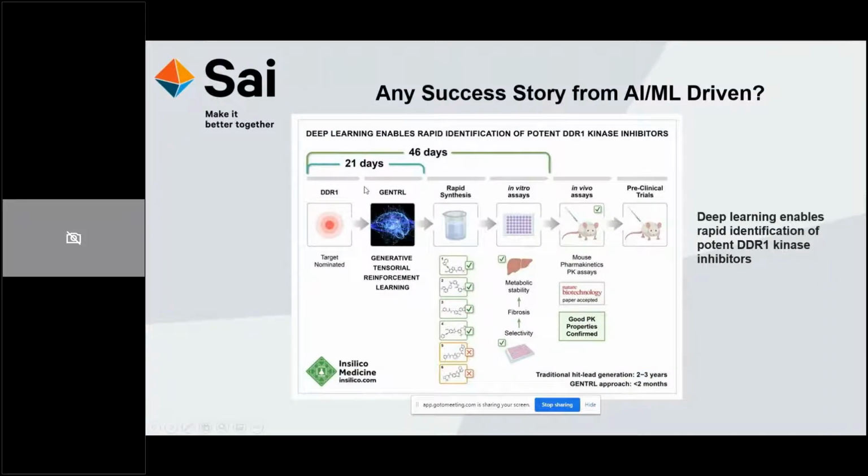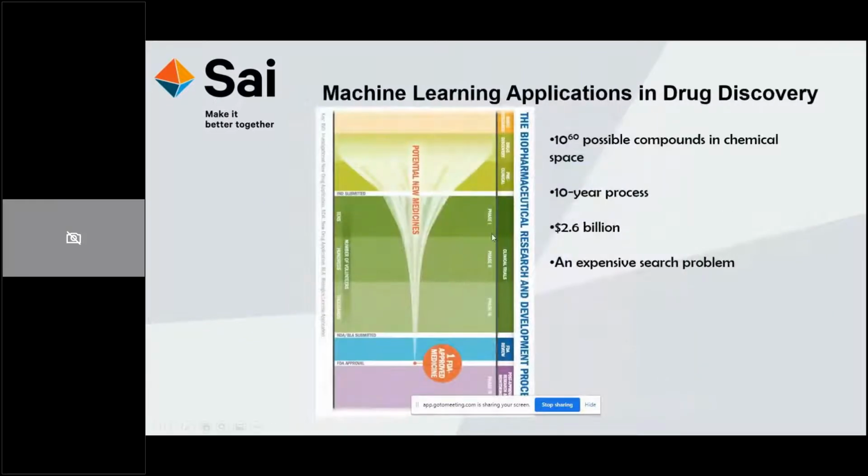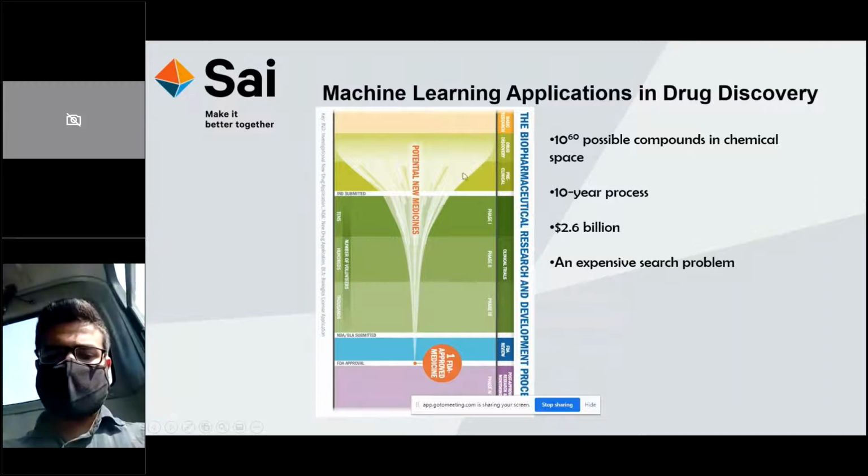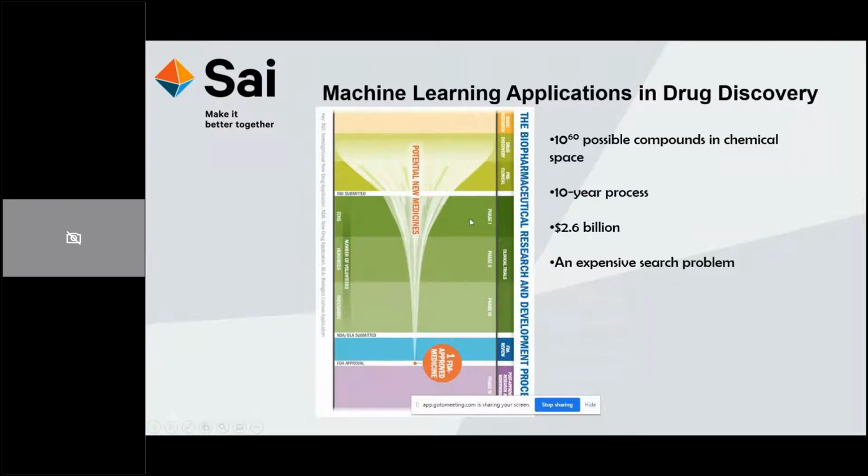Now let's break down the chemistry again, the same workflow in a different way. Traditionally, the hit to lead stage will take 2 to 3 years, right? So here I'm talking about this phase. Traditionally, the second phase will take 2 to 3 years, and if any company fails to identify the best compound, they will fail either here or here.